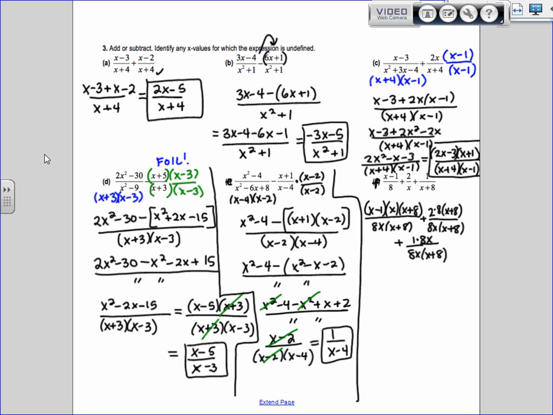And we'll start combining. I'm going to FOIL the x minus 1 and the x plus 8. I'm just going to imagine that x is out front. So when I FOIL, I'm going to get x squared plus 8x minus 1x, so plus 7x minus 8. Plus, now I have 16, right? 2 times 8 is 16.